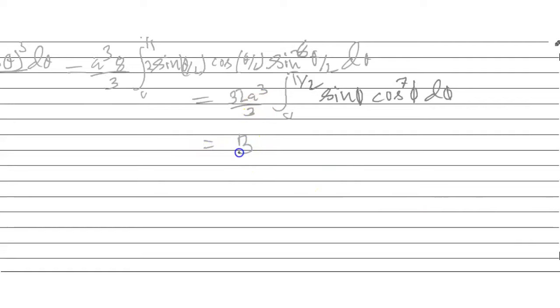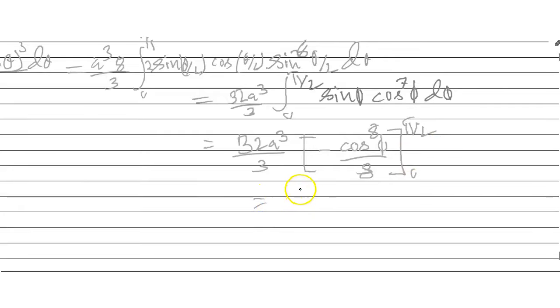So friends, this is 32 a cube divided by 3, and it can be written this way: minus cos to the power 8 phi divided by 8, from 0 to pi by 2.